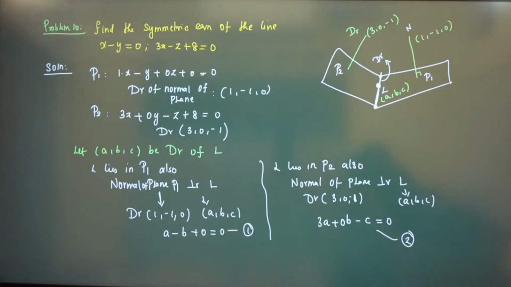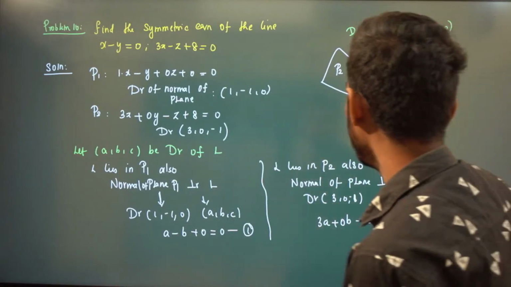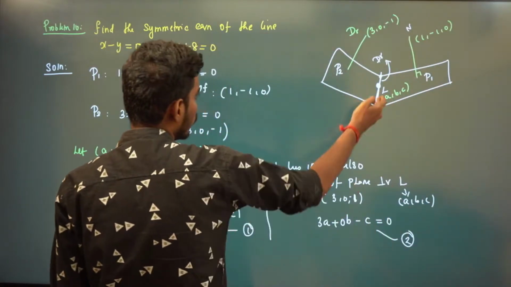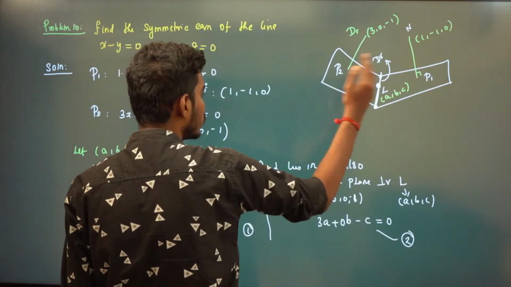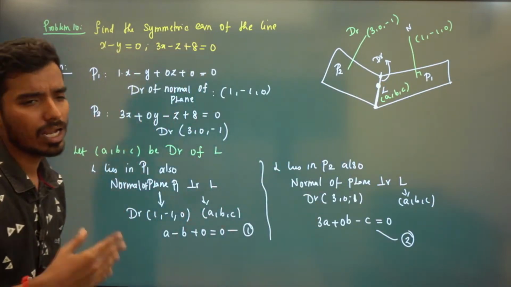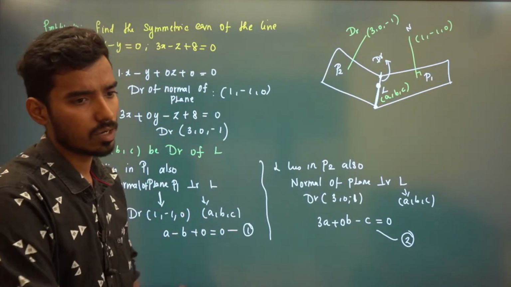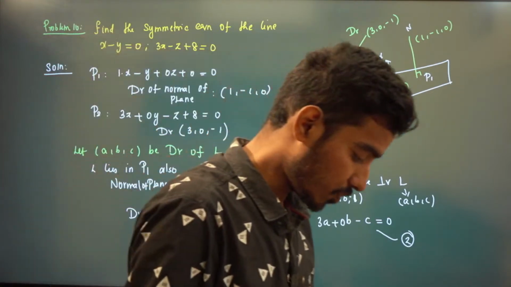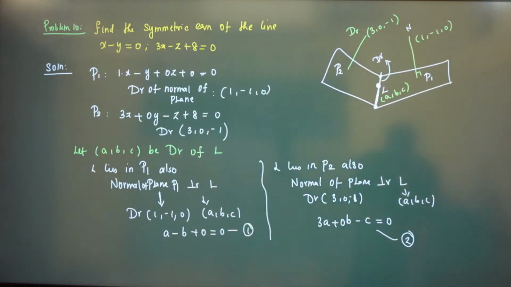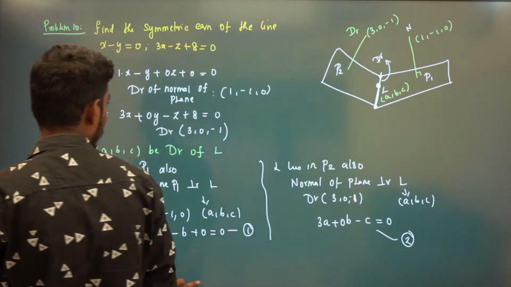Solve for a, b, c using the cross multiplication method and you can find the direction ratio. To find any point, put x is equal to 0 and solve for y and z, or put y is equal to 0 and solve for x and z, or put z is equal to 0 and solve for x and y. This is the procedure to convert general form to symmetrical form, right? We will do one more problem so that we will have more clarity.